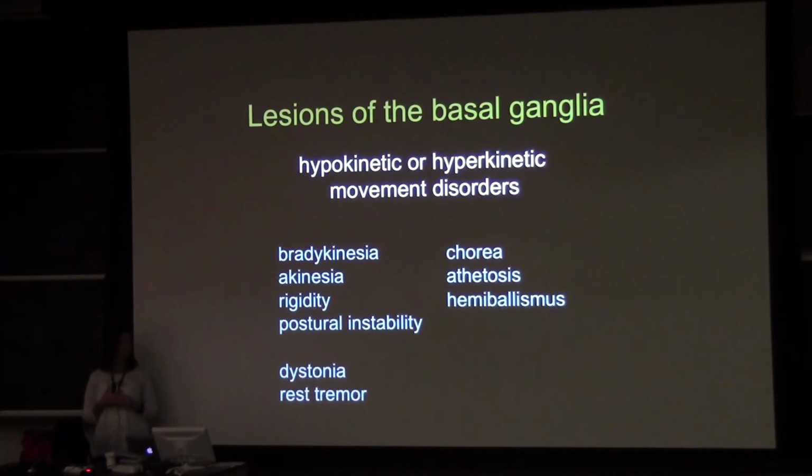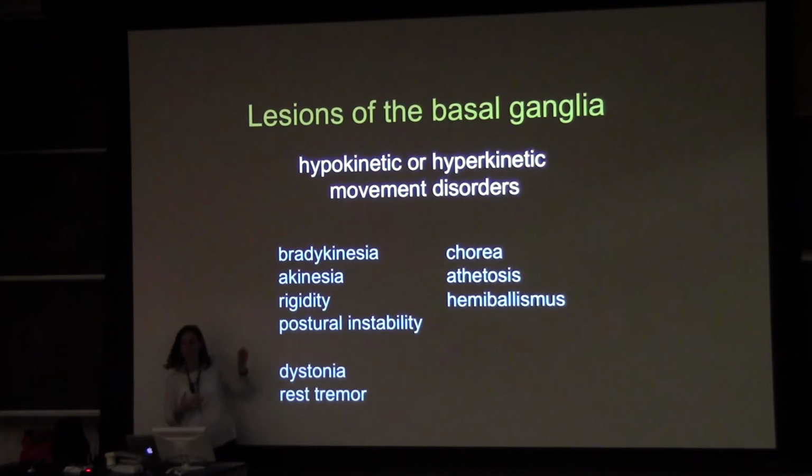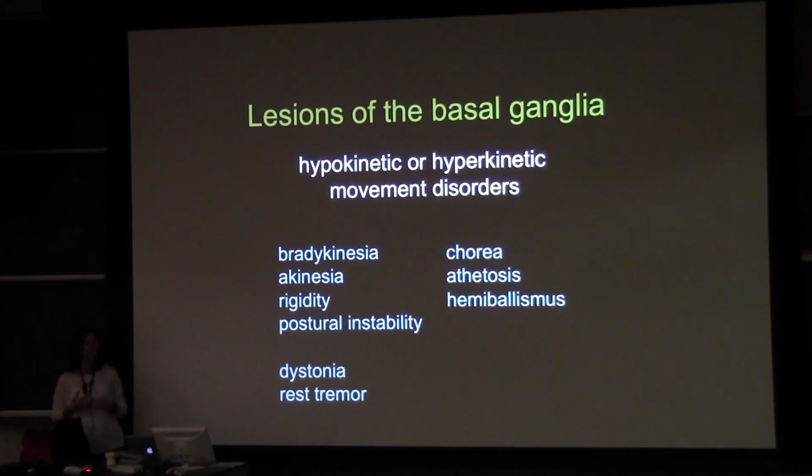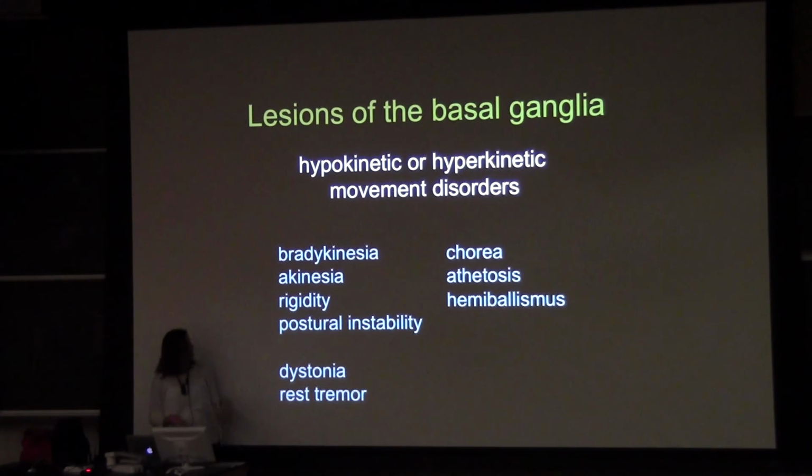Let's start with hypokinetic movements. These are some terms that are used to describe Parkinson's patients. Bradykinesia means slow movement. Akinesia means no movement, that you can't initiate a movement. Rigidity is a term that describes persistent co-contraction of muscles, making you stiff.